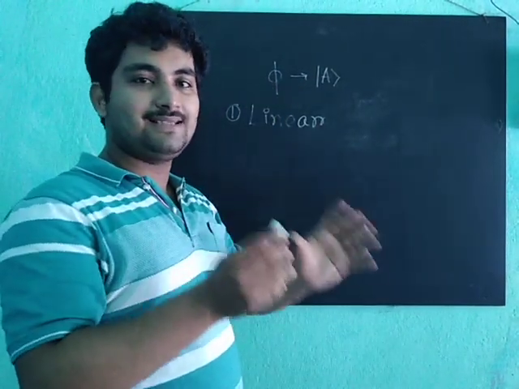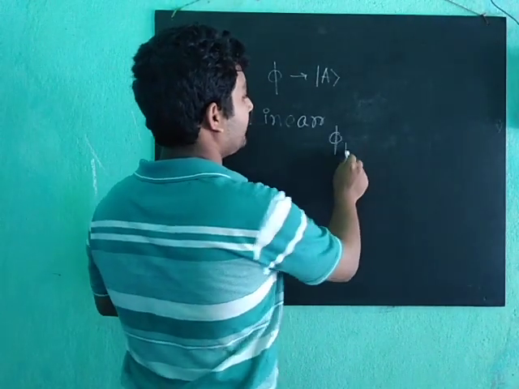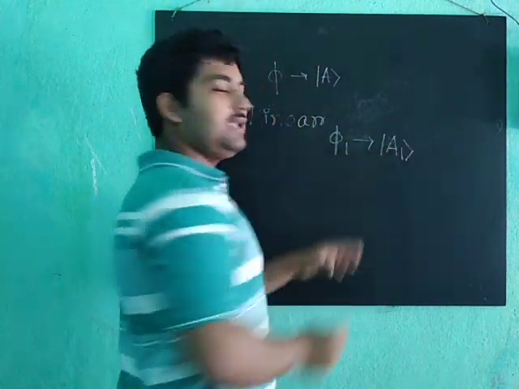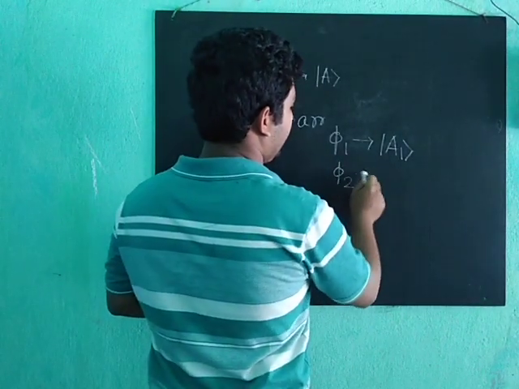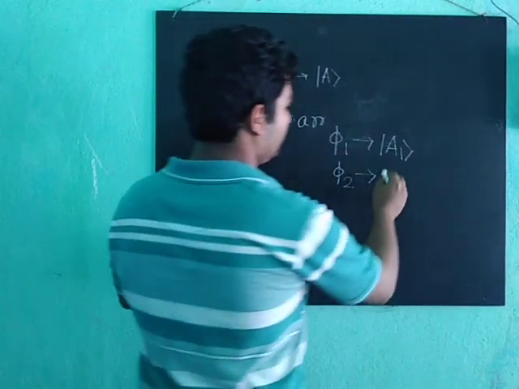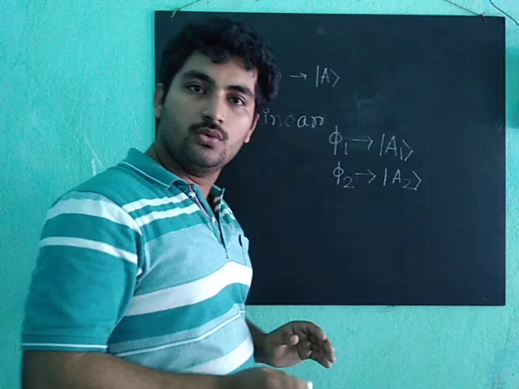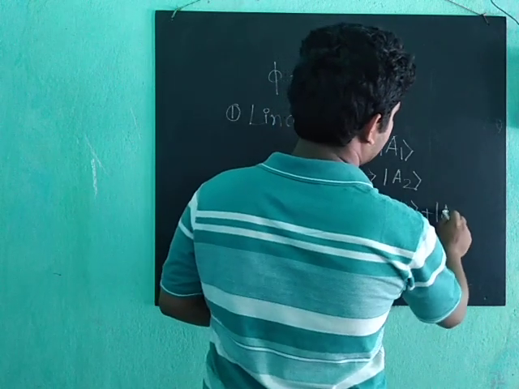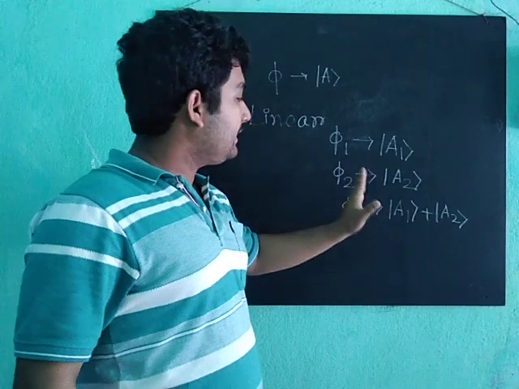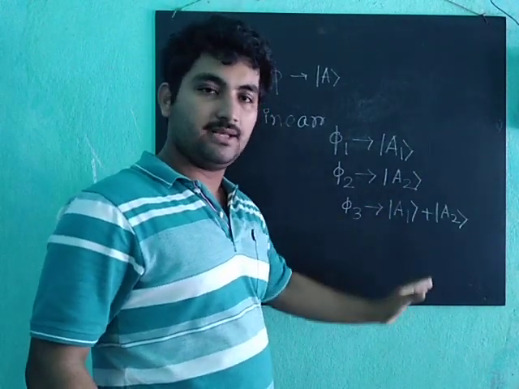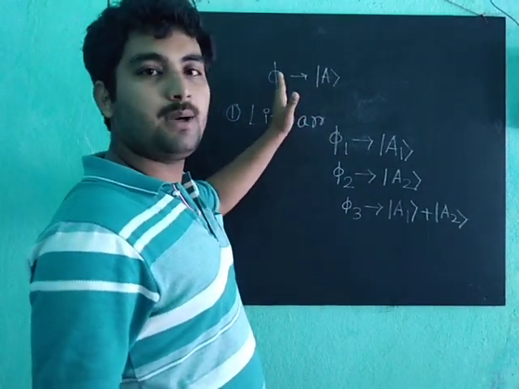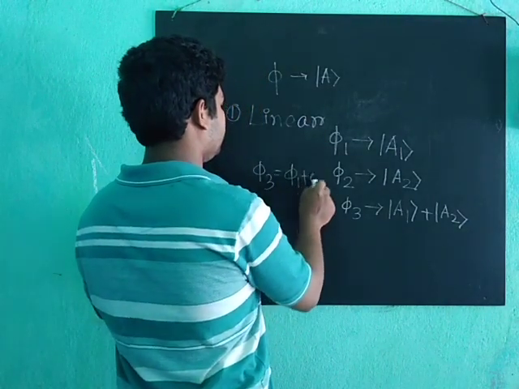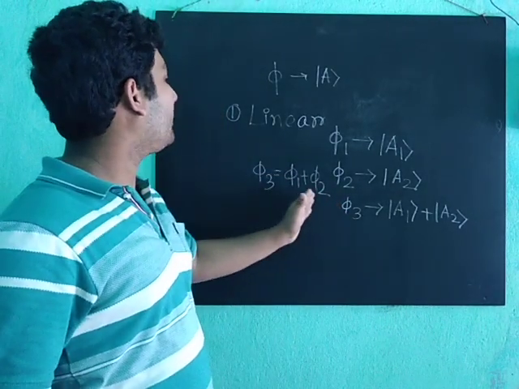Phi is linear tells that if phi1 is a function of A1, and phi2 is a function of A2, and phi3 is a function of A1 plus A2, then the linearity of phi tells that phi3 equals phi1 plus phi2.